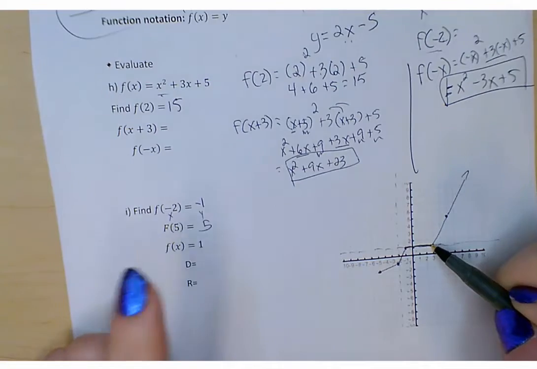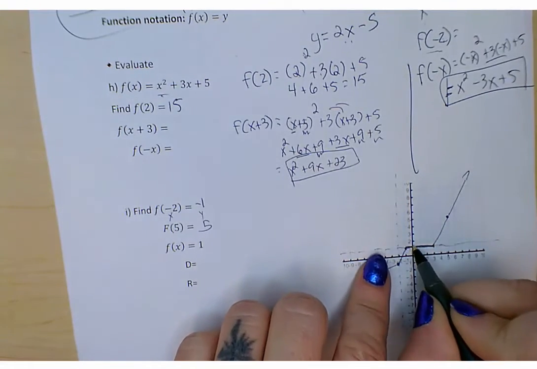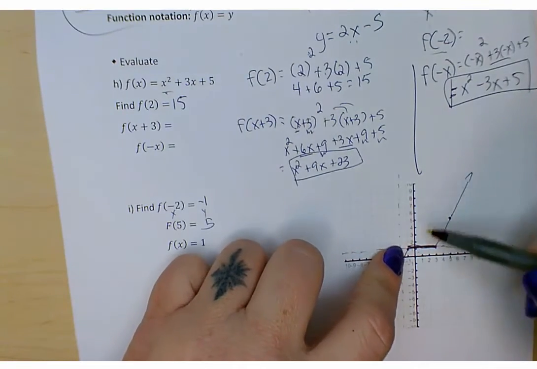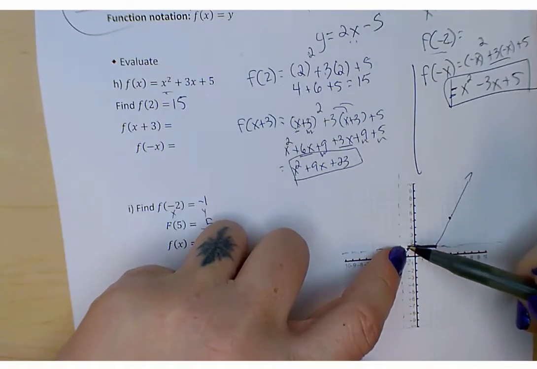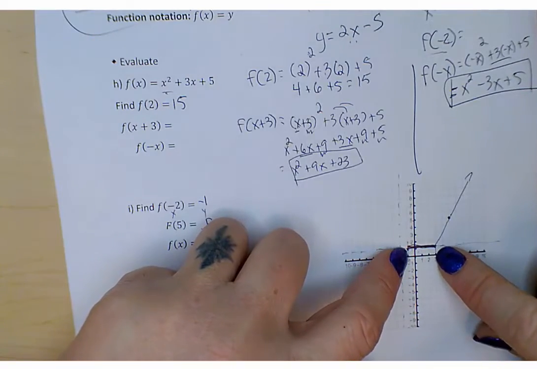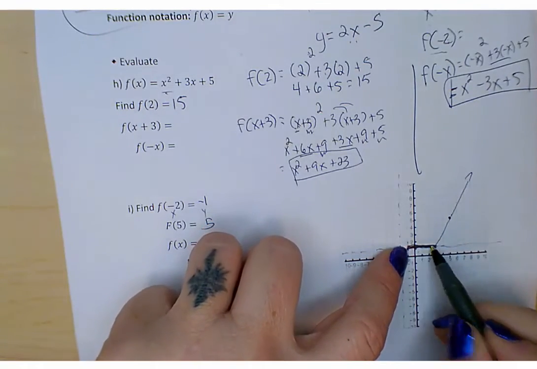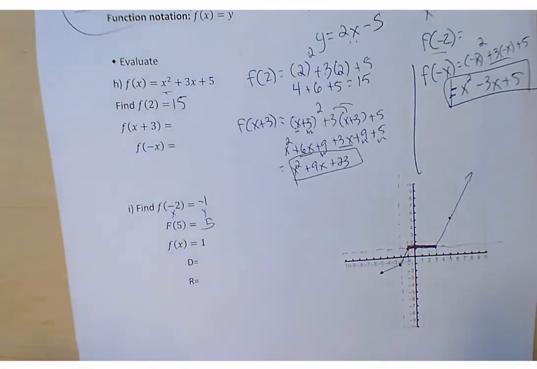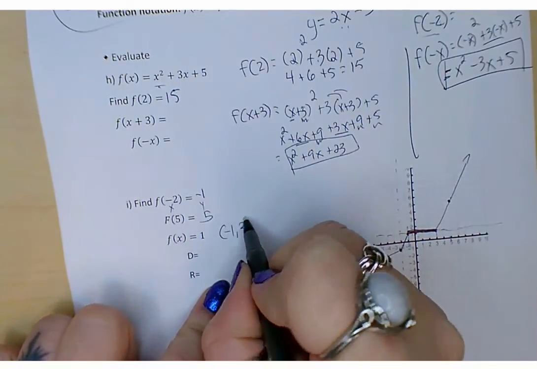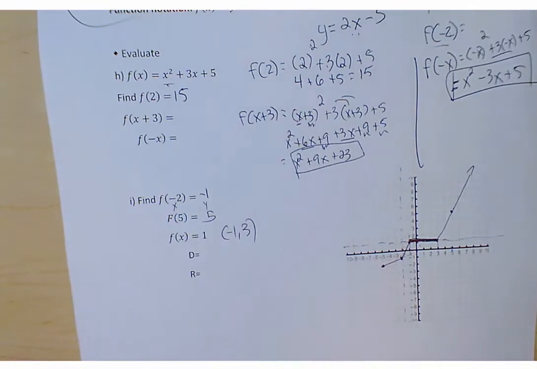So what are the x values for that? For this strip here, it's all a 1. So it looks like it is a 1 from a negative 1 to a 3. From negative 1 to 3, that's when y is equal to a positive 1. So that would be from negative 1 to a positive 3.